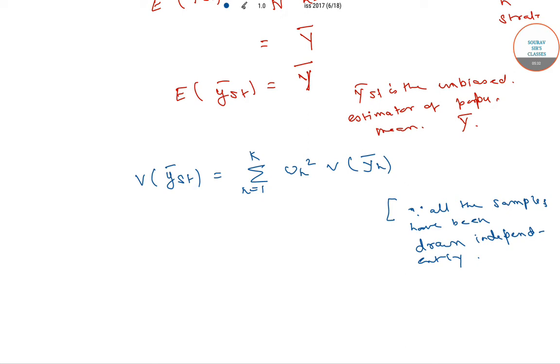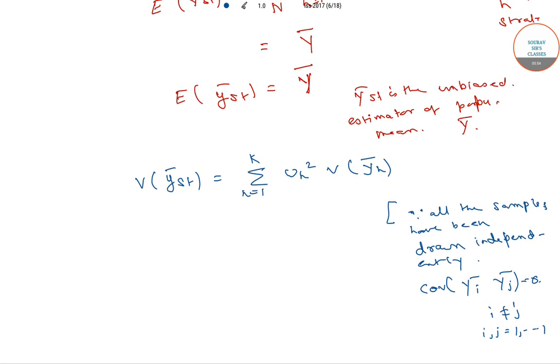Therefore, we are not writing the covariance term, because covariance of ȳi, ȳj is equal to 0 for i not equal to j, where i and j belong to 1 to k. So this covariance term is equal to 0. Therefore, we get variance of ȳst equal to the summation h goes from 1 to k of Wh square into variance of ȳh.